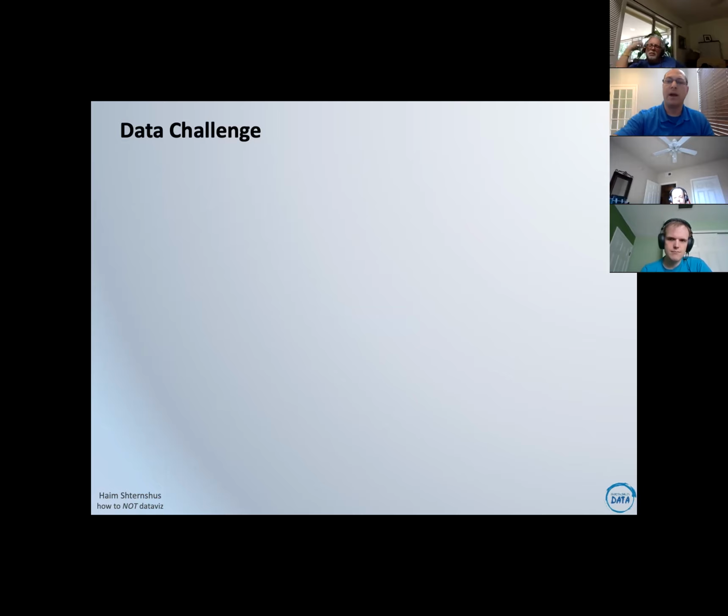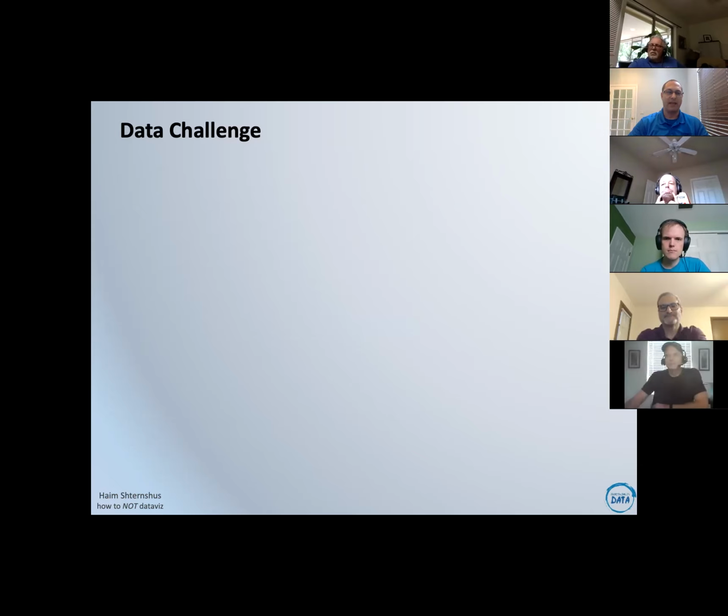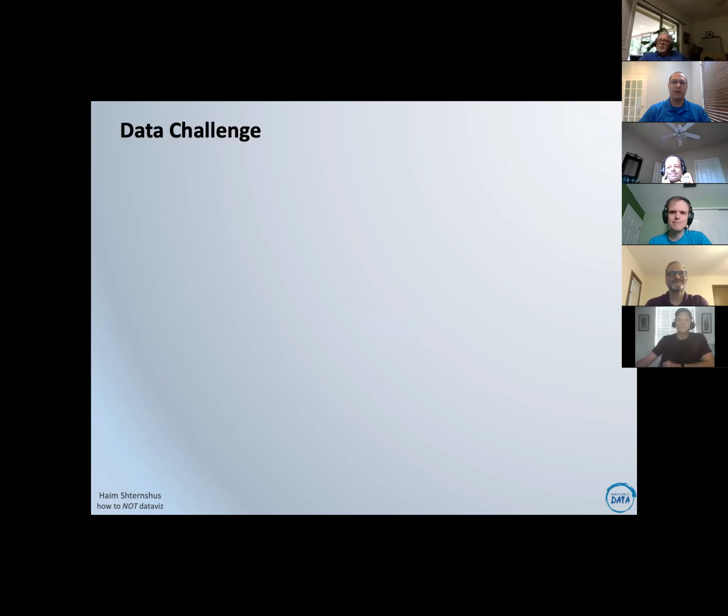If you don't mind, for this exercise, all the people who are not sharing their face, if you are able to put your camera on, that will be good, because I would like to see hands coming up. In a second you will see a table or an array of numbers, digits and characters. What I want you to do is count how many times the number 5 appears within that array.